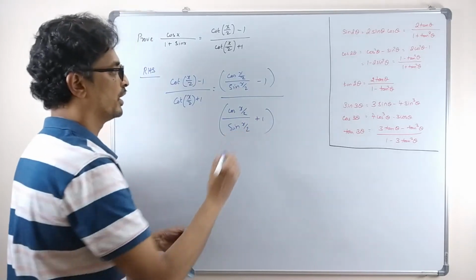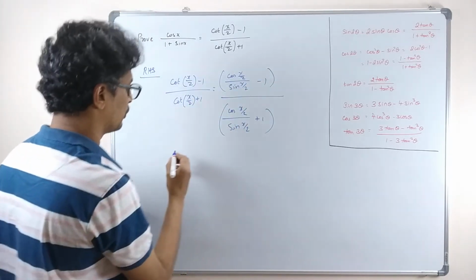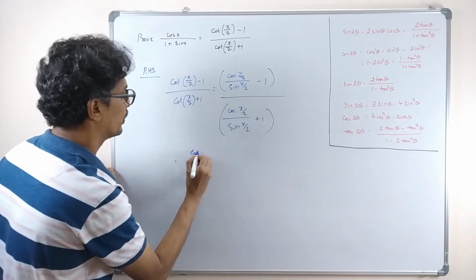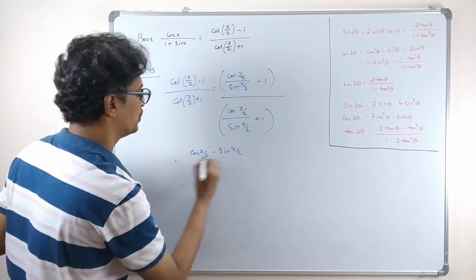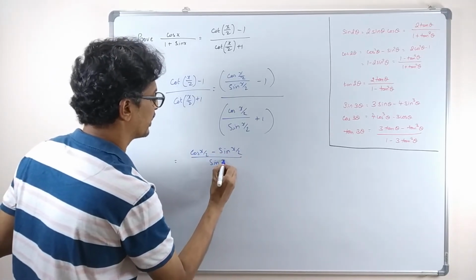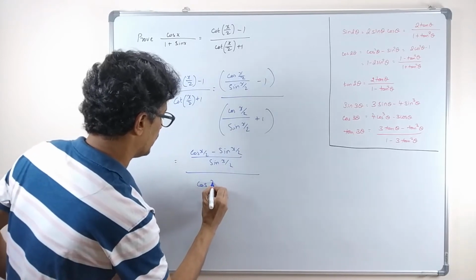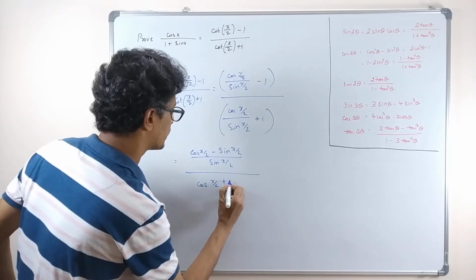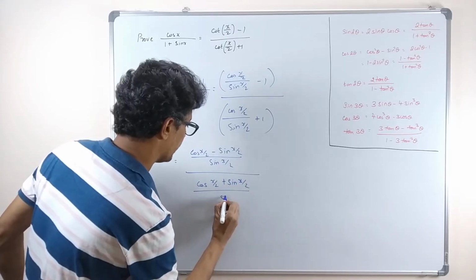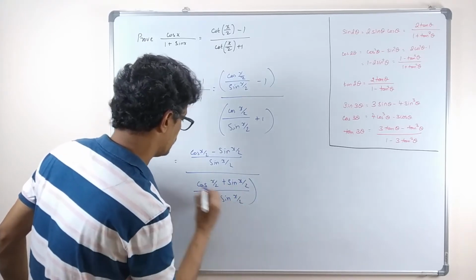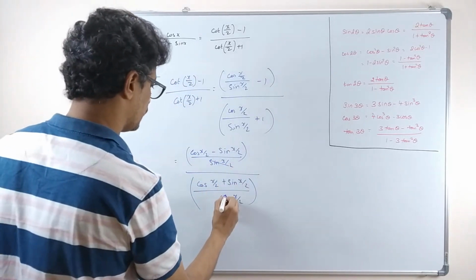So let me take the LCM. Then cos x by 2 minus sin x by 2 divided by sin x by 2, upon cos x by 2 plus sin x by 2 divided by sin x by 2. Okay? So this gets cancelled off.